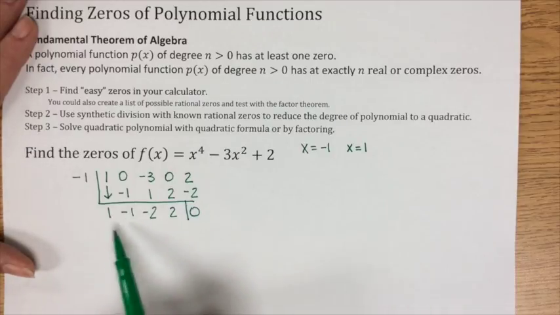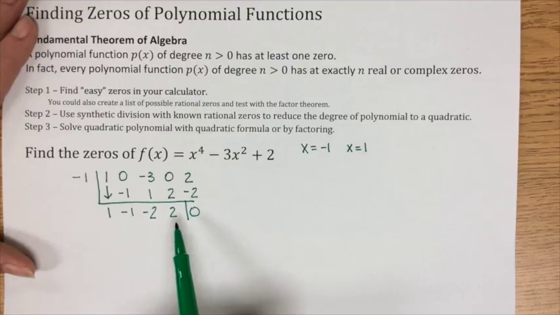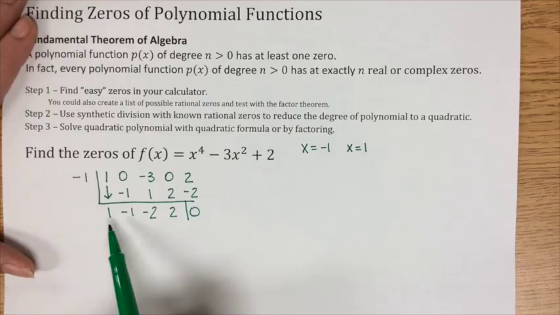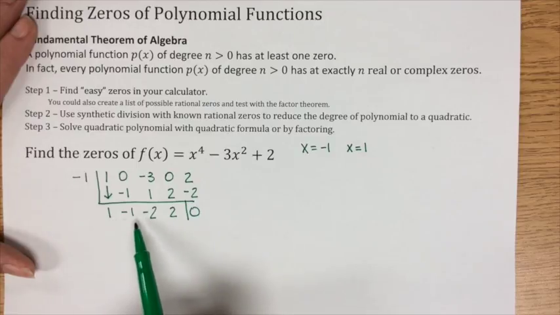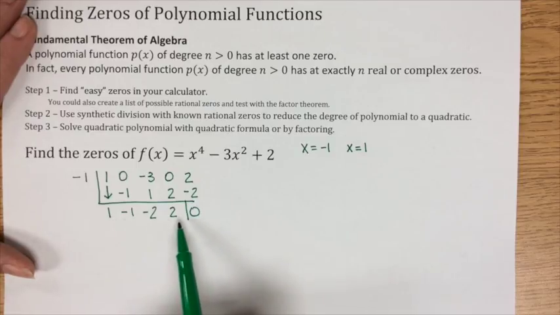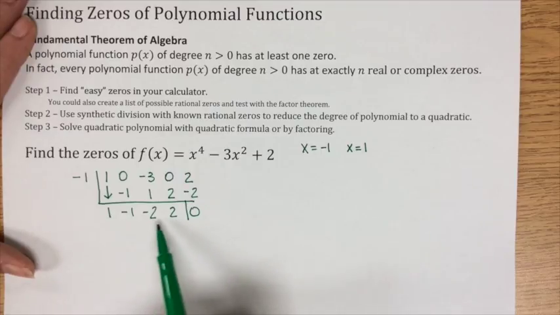What we have down here is a new polynomial, and we could put our x's back in. If we did, this would be x cubed, x squared, x, and our constant term. However, this is still a cubic, and I'm not quite sure how to factor a cubic or solve one, so I'd like to bring it down to a quadratic.